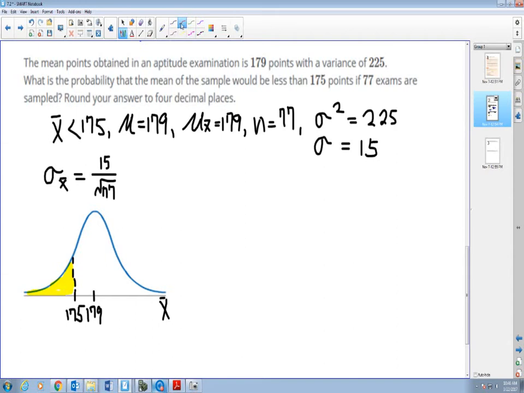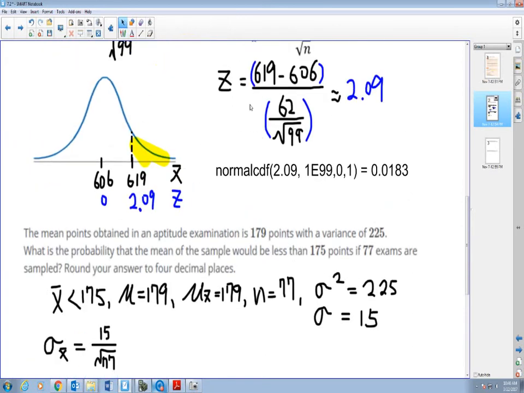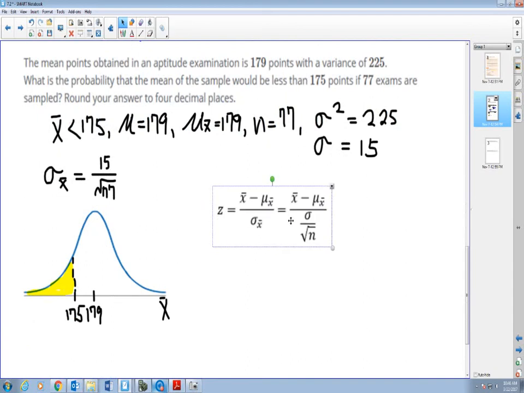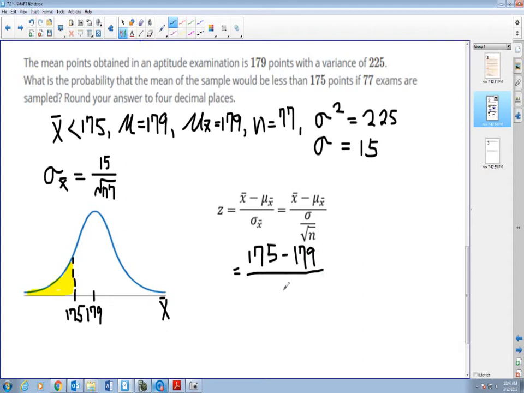Alright, so let's convert our 175 into a z-score. So follow the formula. Take my X bar, 175, minus the mean, divided by sigma, which is 15, over the square root of 77, to 2 decimal places.